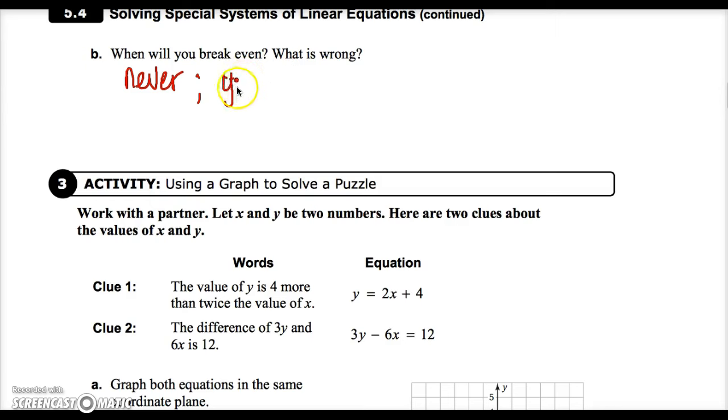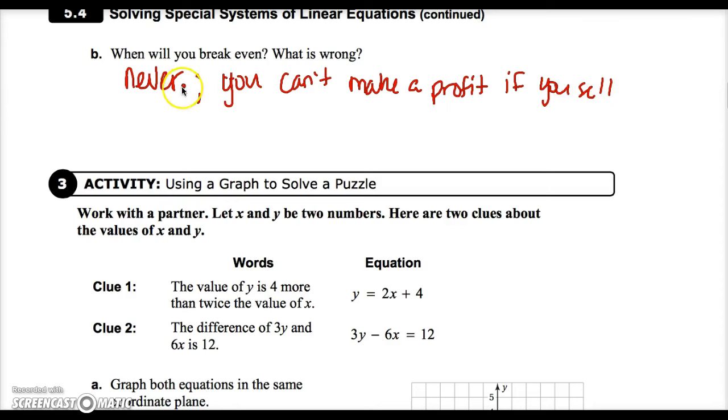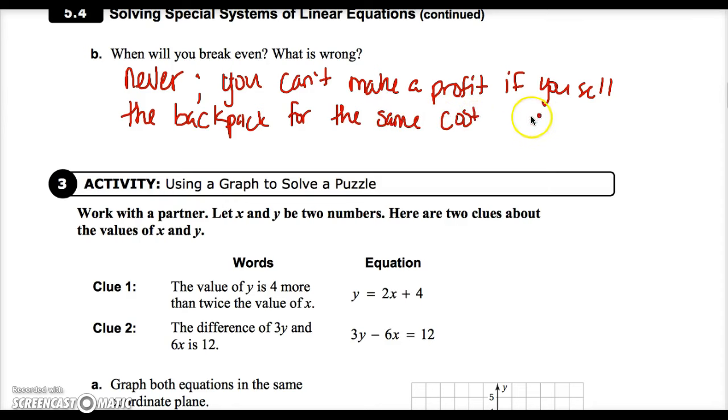So we'll say you can't make a profit if you sell the backpack for the same price, or the same cost, I guess, it is to make it.